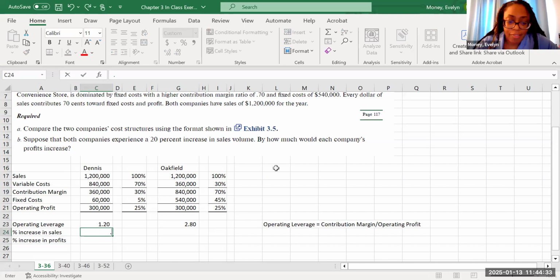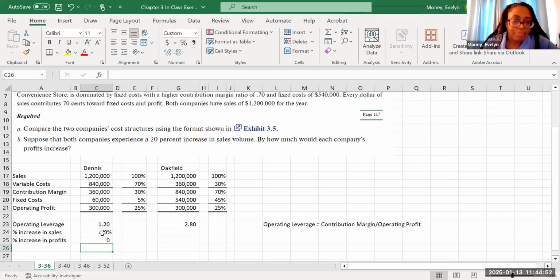Let me make this a percentage. And then once again, the 1.2 times the 20%.